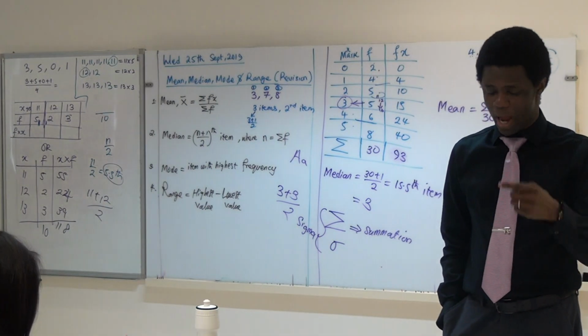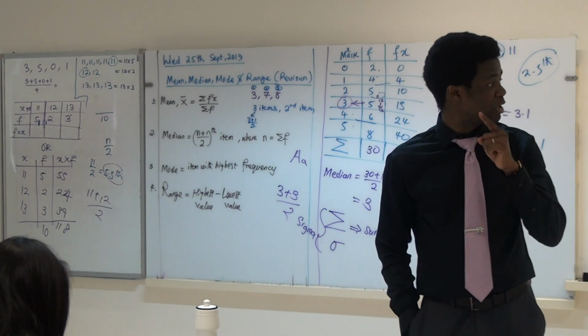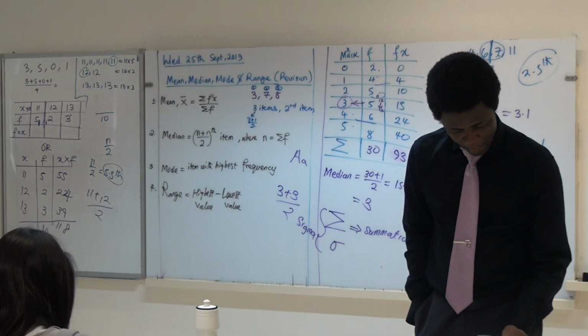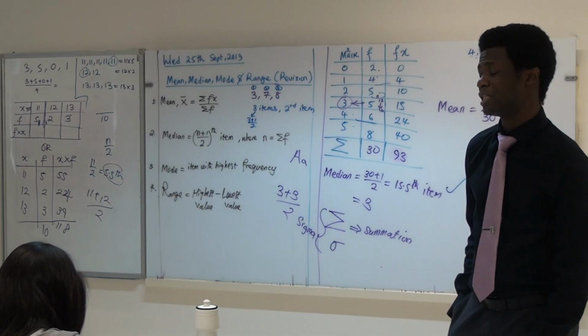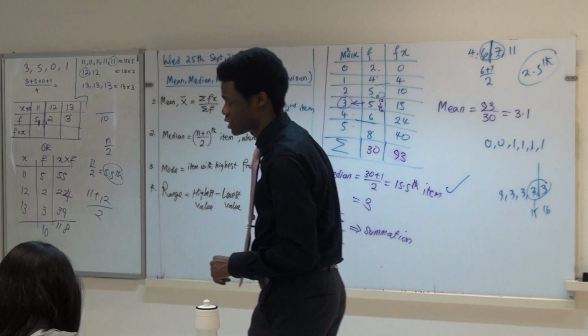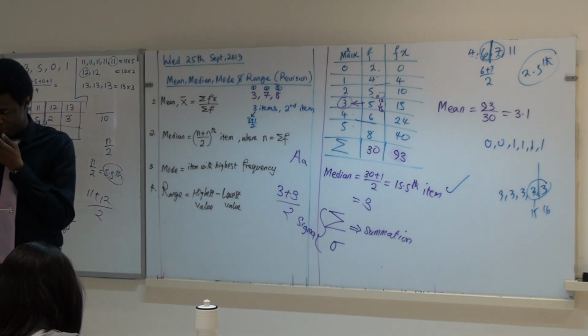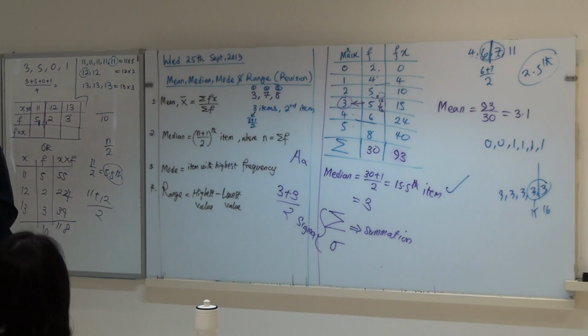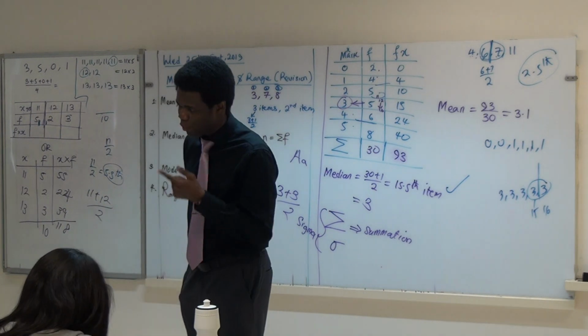Let's figure out the median interval for number 6, median interval for number 7, median interval for number 8, and median interval for number 10. Let's find the median intervals for each of these. Median interval. The interval where the median lies.